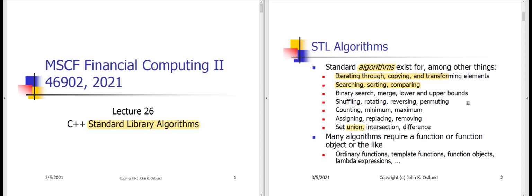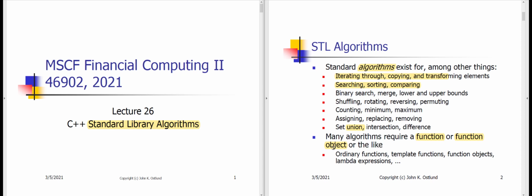All right. Now, most of these algorithms take some kind of function or so-called function object that specify the details of what we're trying to do. So, for example, if we are trying to search within a vector for something, we could search merely for a particular element value, but we could also search for some element that satisfies some criterion, such as an element that is an odd number or an element that is a negative number.